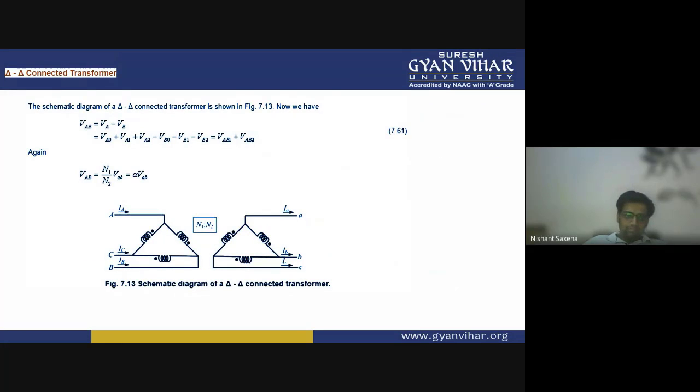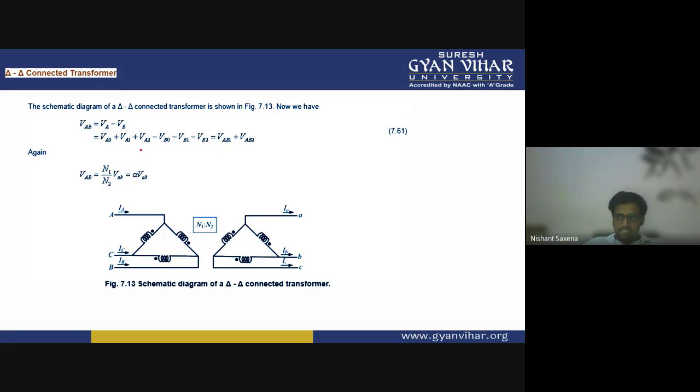Now let's see the delta-delta connected transformers. For delta-delta connected transformers, we can see that VAB is equal to VA minus VB. I can rewrite this equation by defining the VA phase into positive, negative and zero sequence components, along with the phase B sequence components.